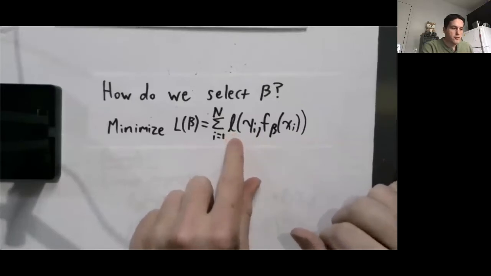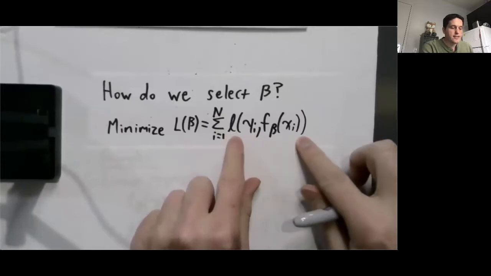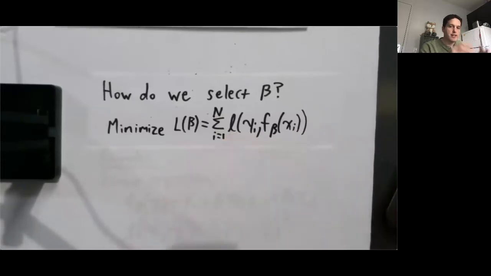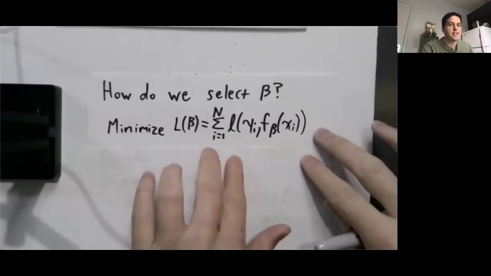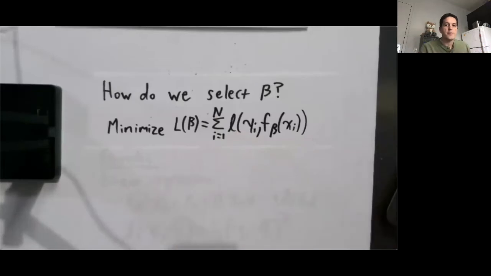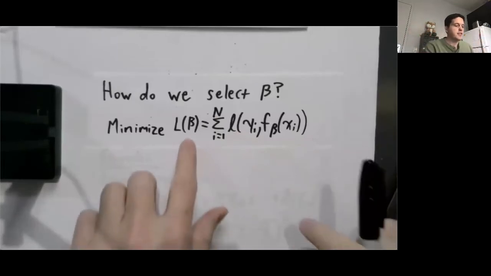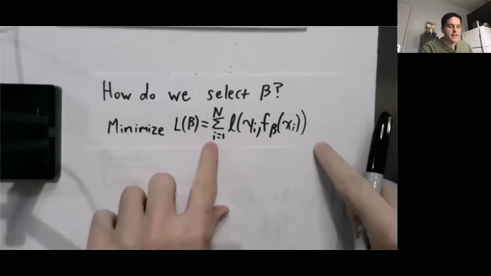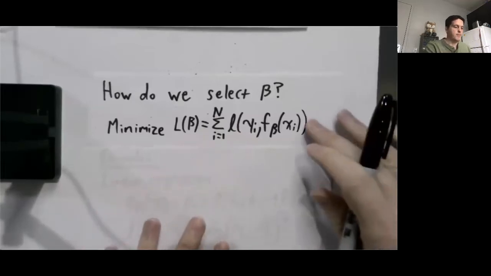What we hope is that when we compute this loss for each example in the training data set, and then sum up all of those loss values, the entire sum is small. That means we've done a good job of making predictions on all of our training data. So we choose the vector beta to minimize this cost function, L of beta.